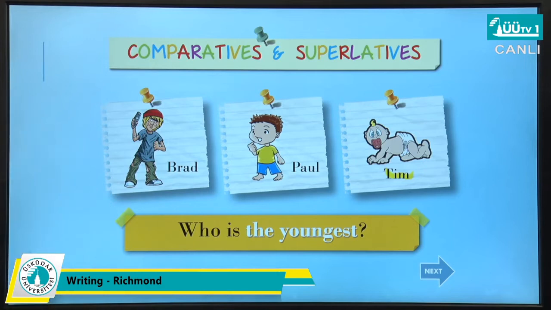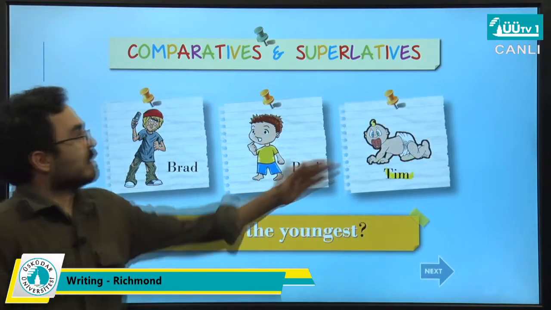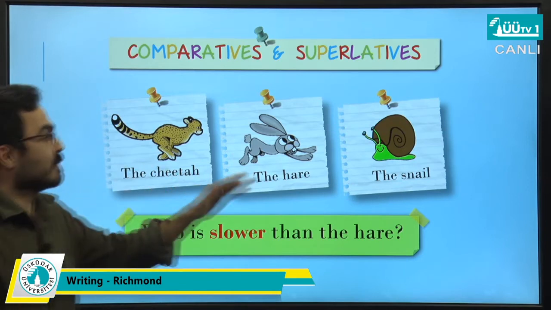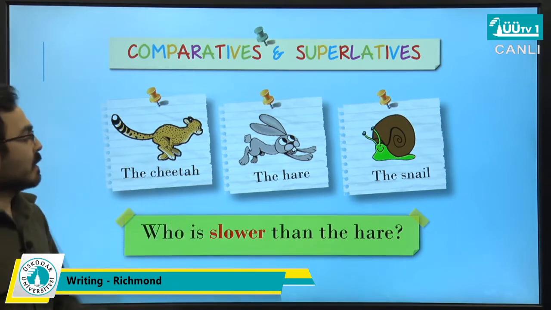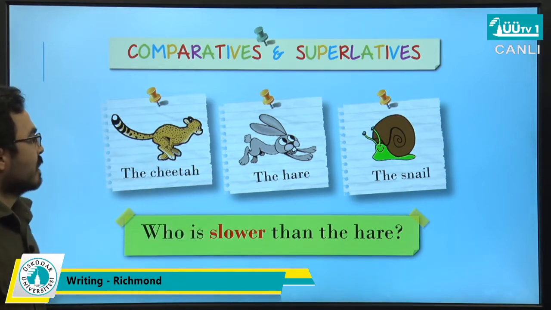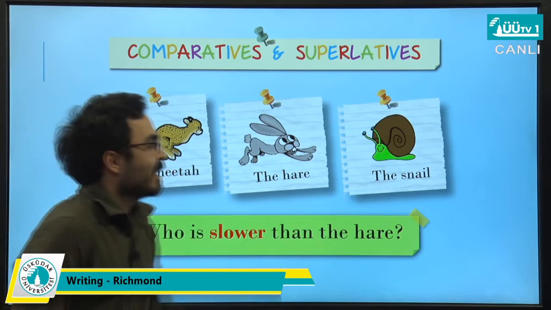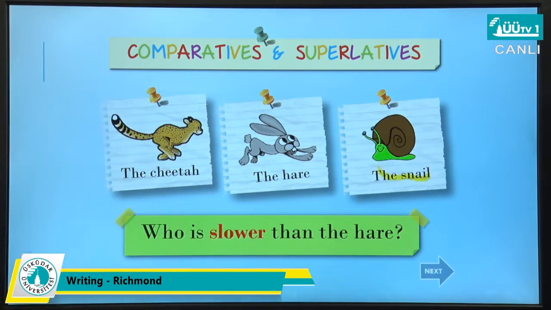Good. Again, we are making comparisons here, and we are using superlatives. Who is slower than the hare? Again, we are seeing three different animals here, and one is slower than the hare. The snail is slower than the hare, we say.